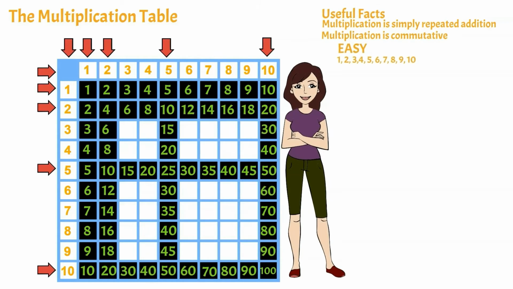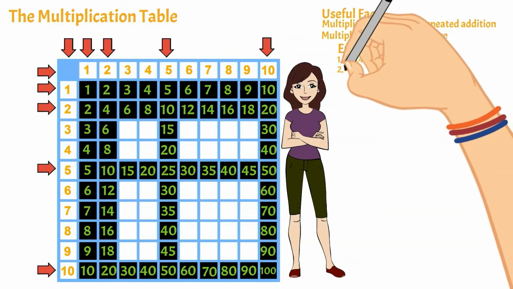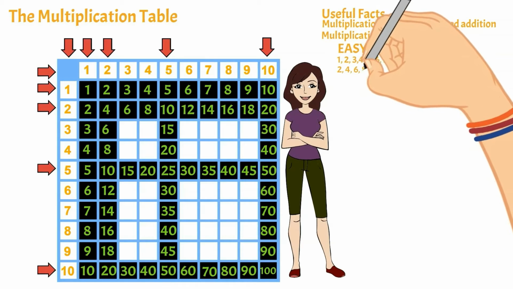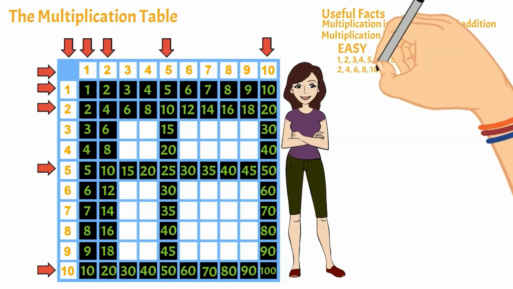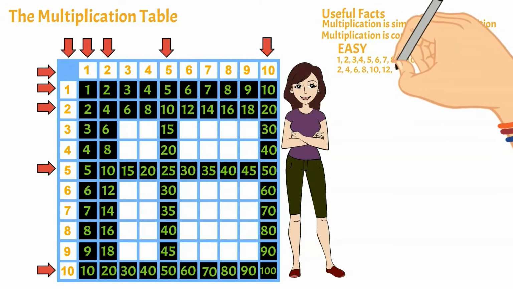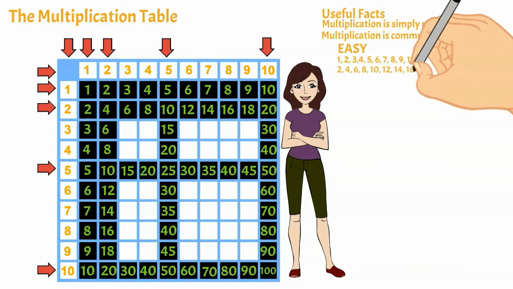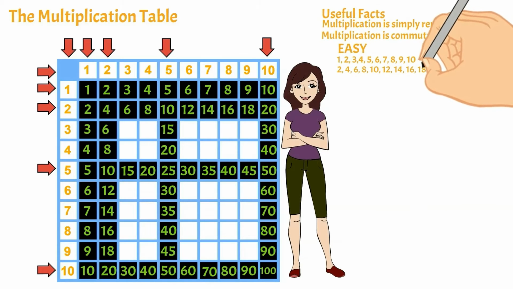Let us count by 2. 2, 4, 6, 8, 10, 12, 14, 16, 18, 20. Since counting in twos is easy, multiplication by 2 is also made easy.